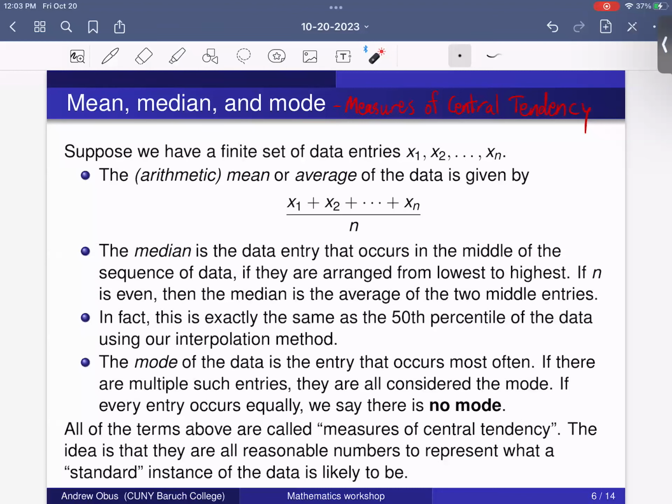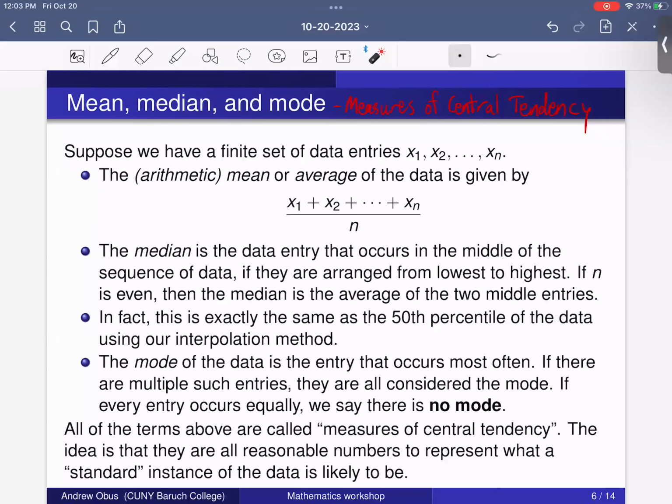And so the idea of a measure of central tendency is to try to understand, what is kind of the expectation? What do we think is the most representative number for this data set? Like if I wanted to summarize the entire data set using only one number, what would that be?